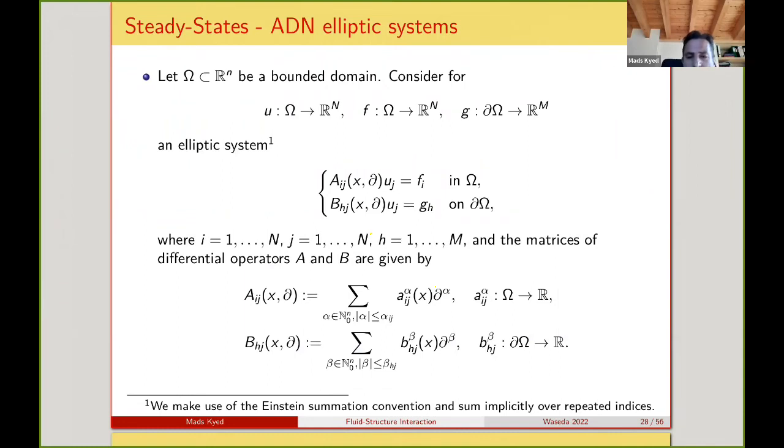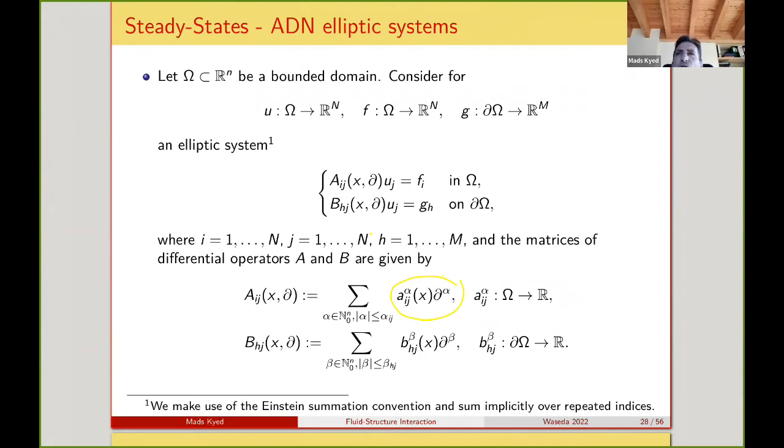Here, each term in our system of differential equations has some order.